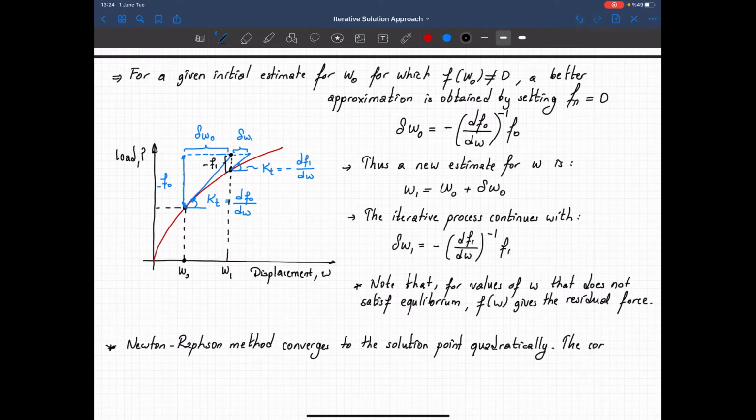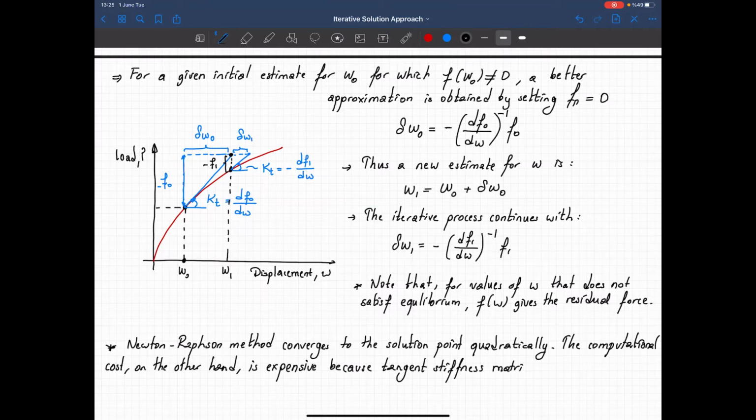The computational cost, on the other hand, is expensive because the tangent stiffness matrix must be computed and factorized at each iteration.